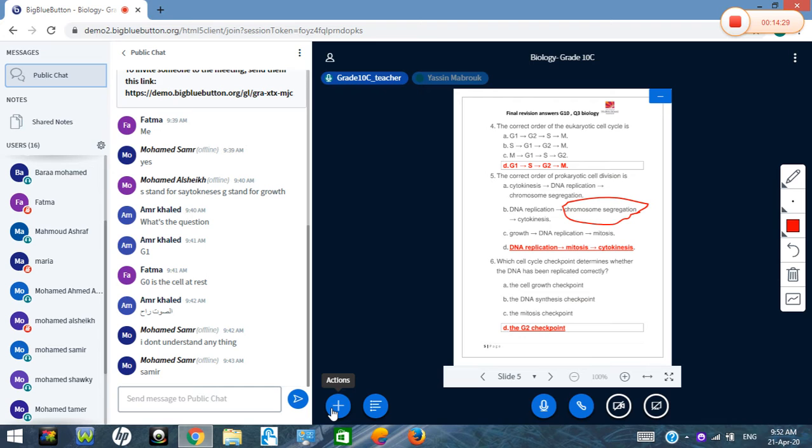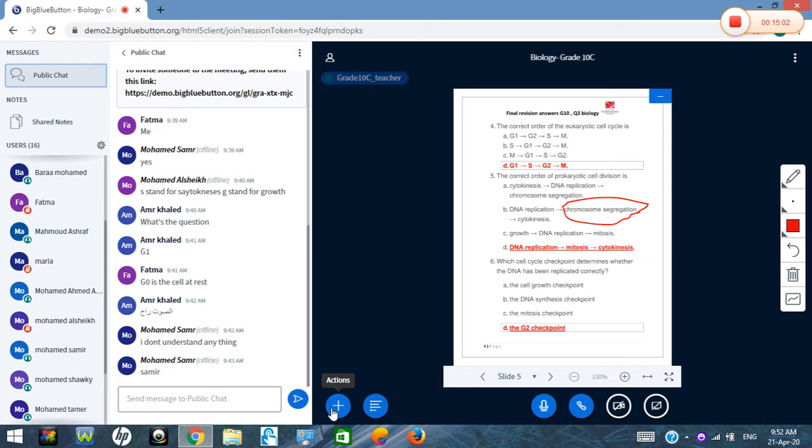At the end of prophase, the nuclear membrane disappears. The nucleus disappears. Okay? The second phase, metaphase. The spindle fibers, which are attached to the chromosomes, still push the chromosomes and pull them.